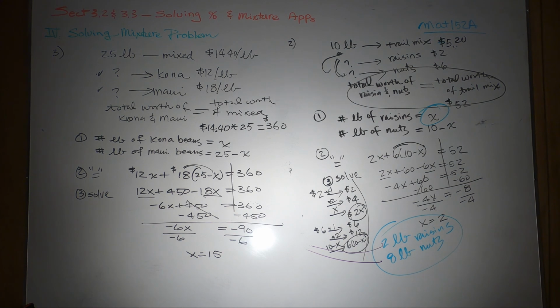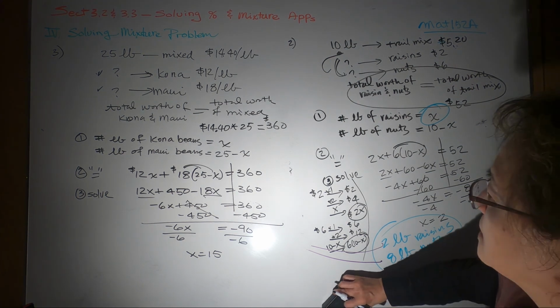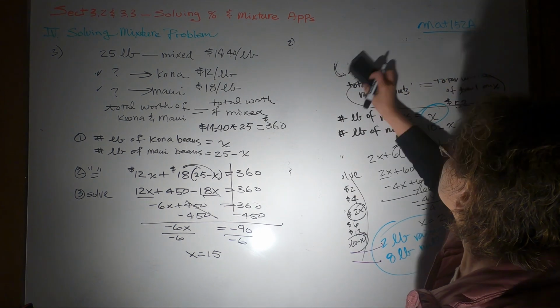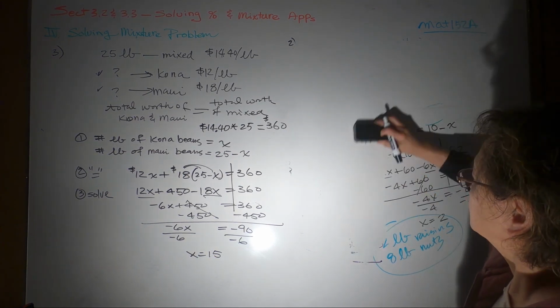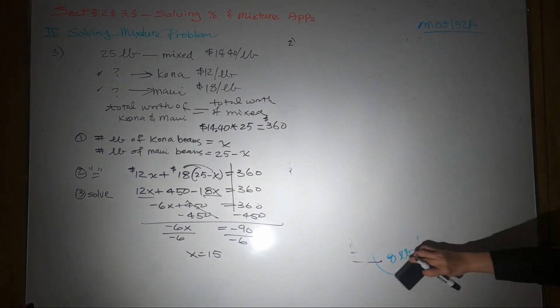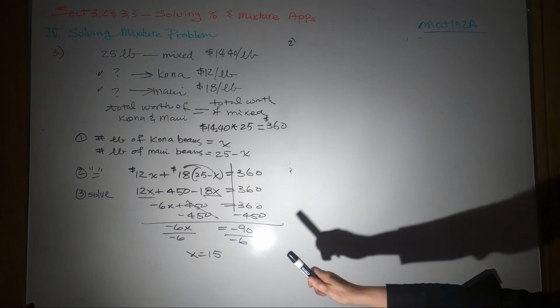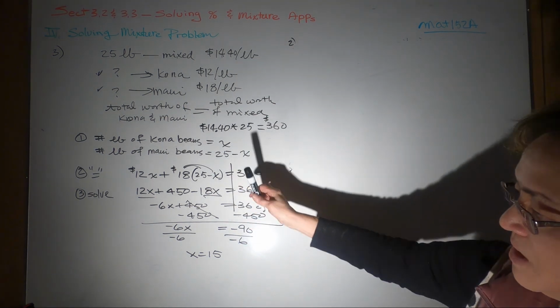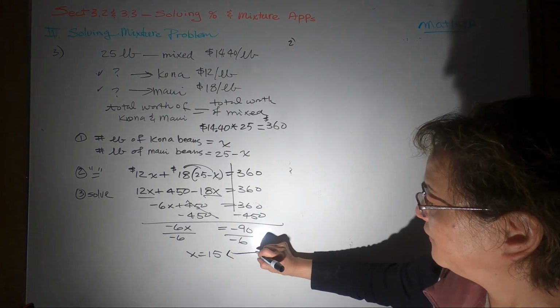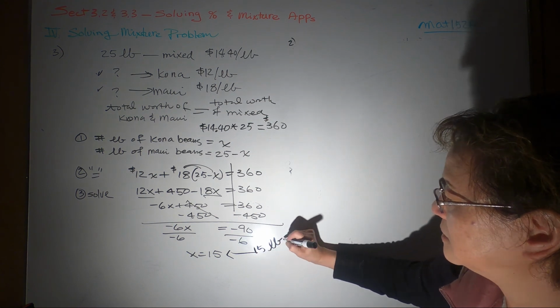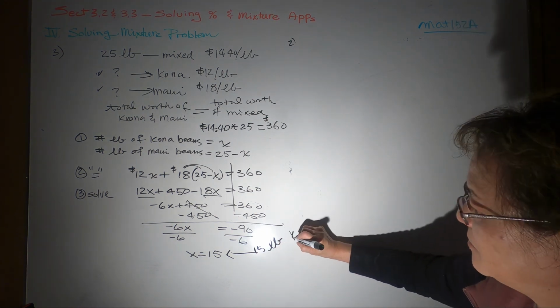Then you have to answer the question. What is your X? Is it dollars, gold, birds, whatever, right? No. You have to go back and check. It means what? 15 pounds of what? Kona bean.